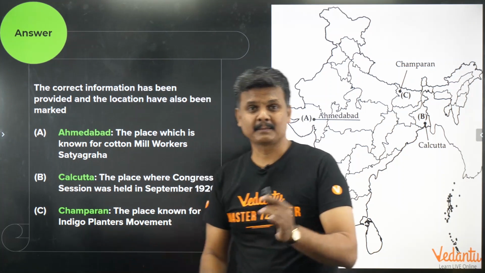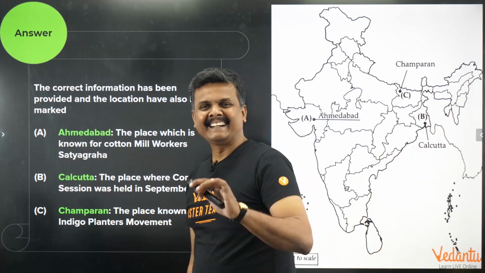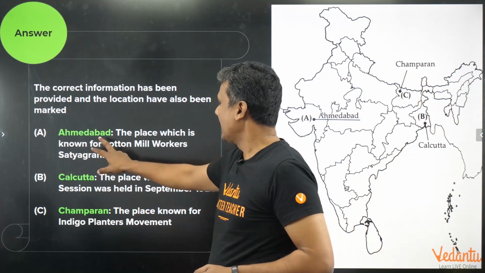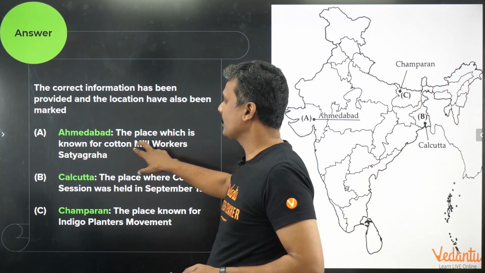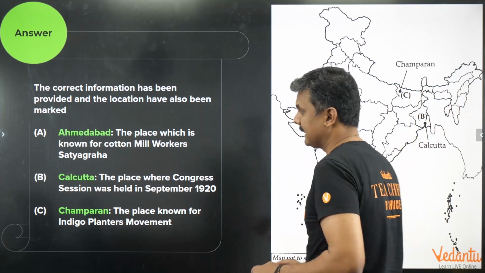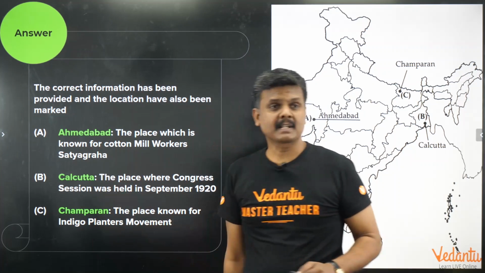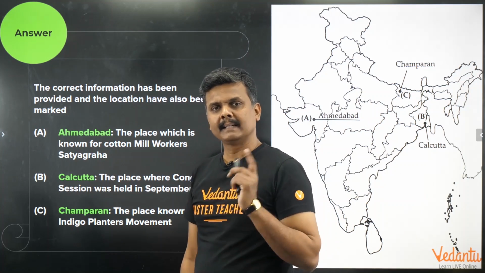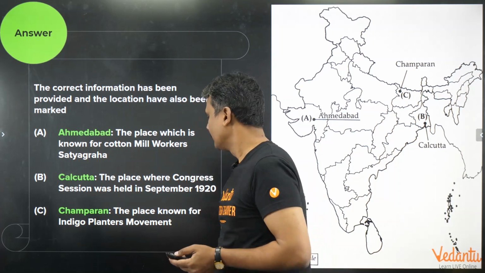That was in Kolkata, sorry, not Nagpur. Both happened in 1920, right? So Ahmedabad, the place which is known for the cotton mill workers' Satyagraha. Then in Kolkata, you find that the Congress session happened in September 1920. In December 1920, I think it happened in Nagpur, right?